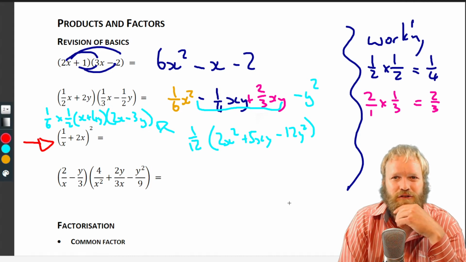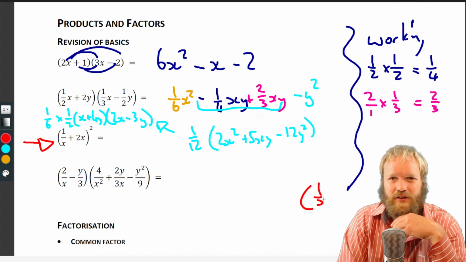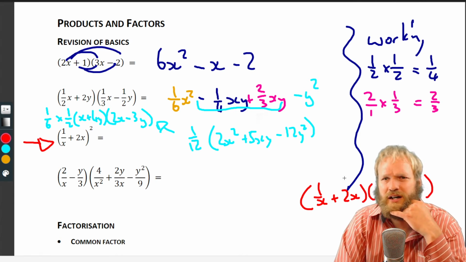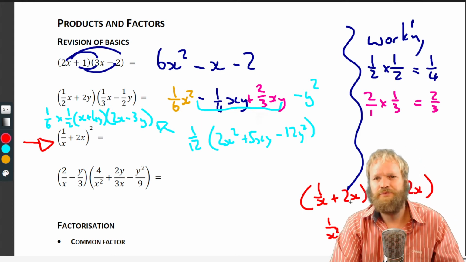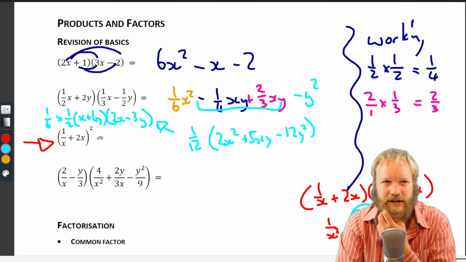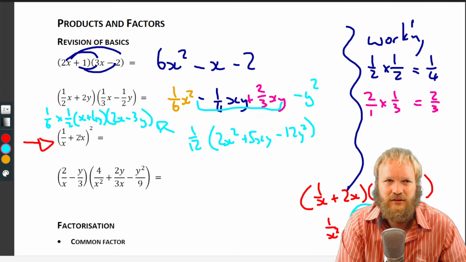So, for that one, let's maybe write it here: (1 over x plus 2 over x)(1 over x plus 2 over x). And we multiply out and we get 1 over x squared plus 2 plus 2 plus 4x squared, right? What we want to work towards is really getting this 4 straight away, so we can see about multiplying these and squaring them.